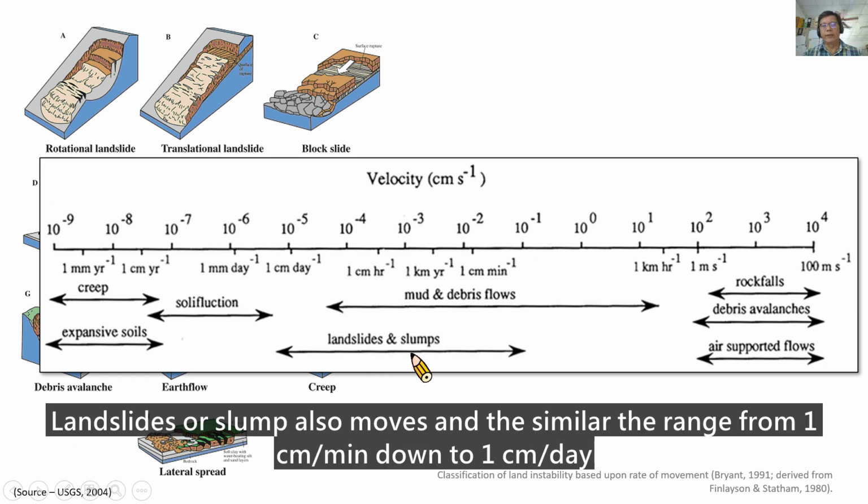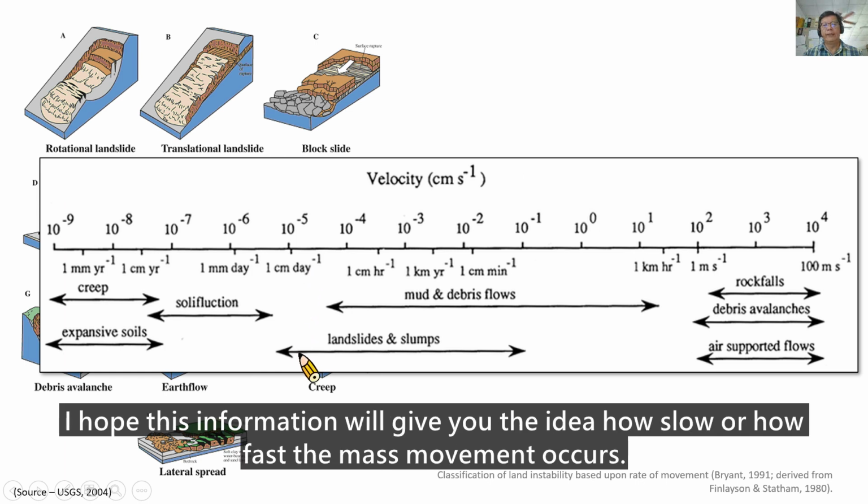Landslide or slump also moves at a similar velocity range, from 1 centimeter per minute down to 1 centimeter per day. I hope this information will give you the idea of how slow or how fast the mass movement occurs.